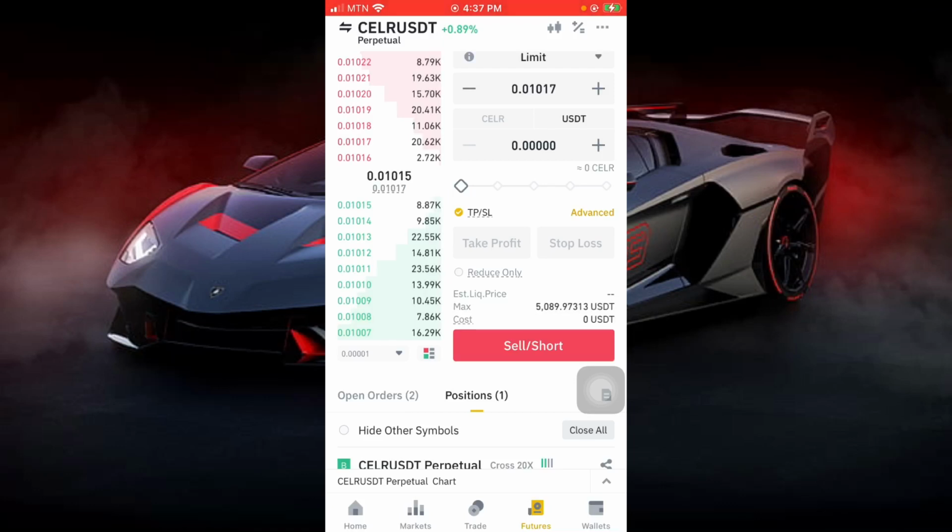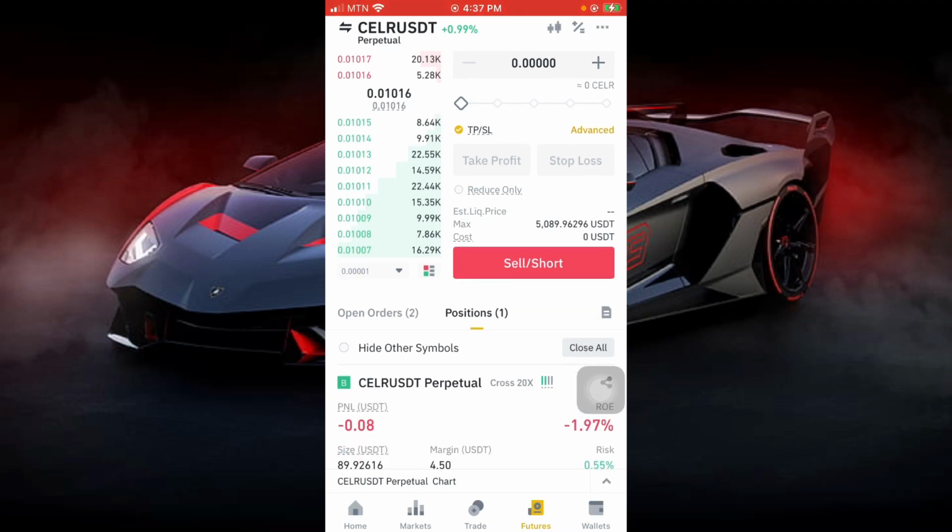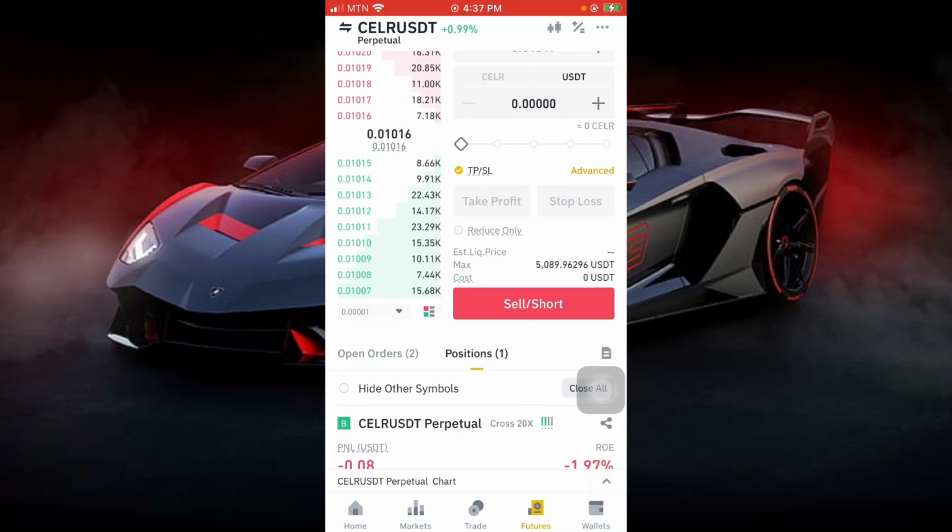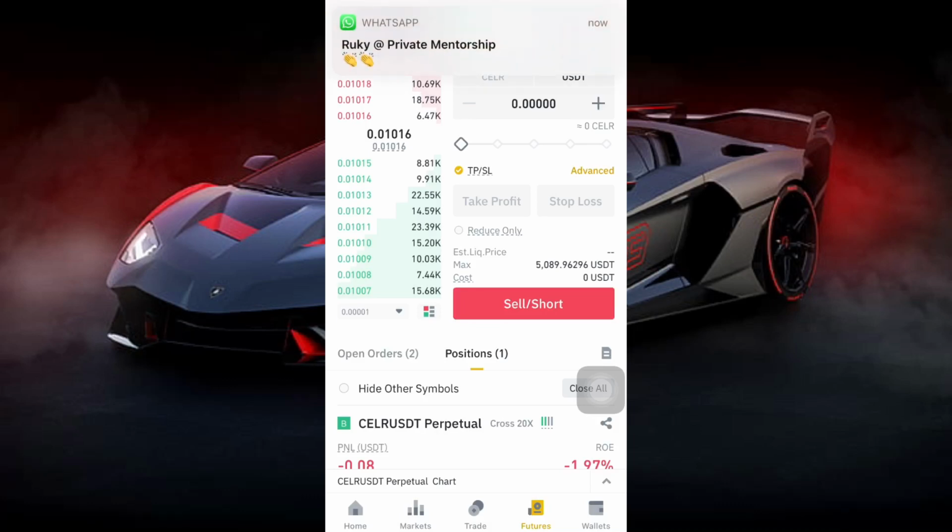We have ET, LIQ and price. The max price is how far you can go. Then we have the cost price, which is the size of your position, how much you are willing to invest. For me, if your balance is less than $100, don't go beyond 10 lot size. If your balance is less than $50, go on the range of $4 to $5.